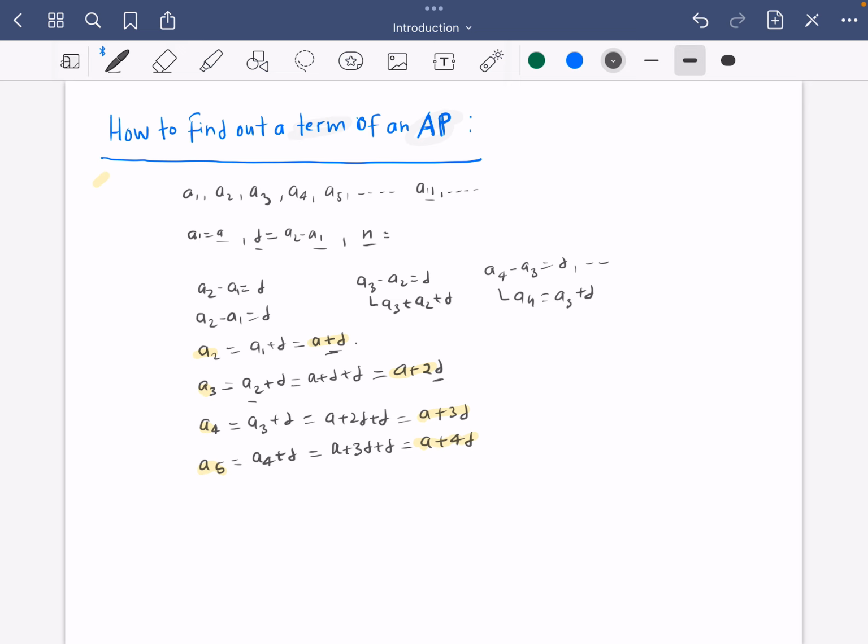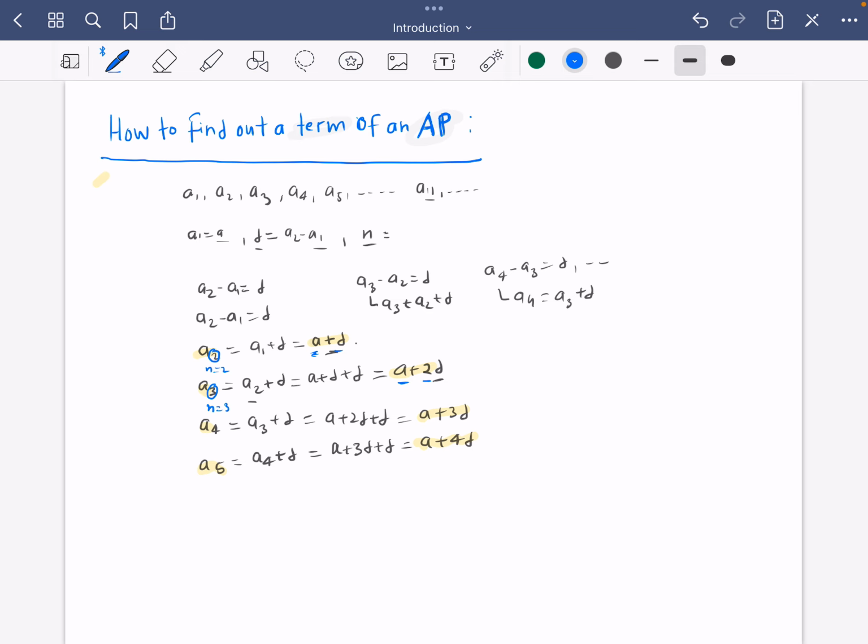Now you can see that when it's A2, n is 2 here, then this one is A plus D. If n is 3 here, then it's A plus 2D. A is always there, plus 2D.